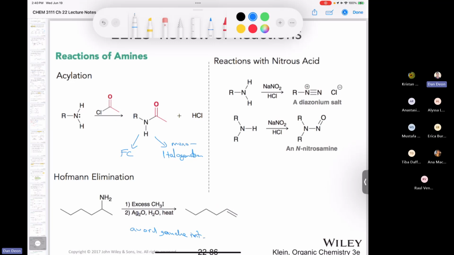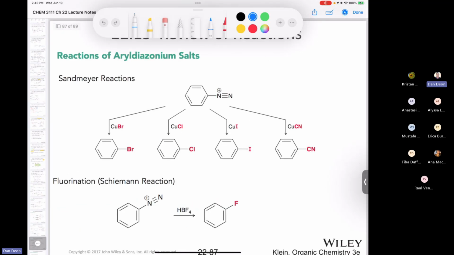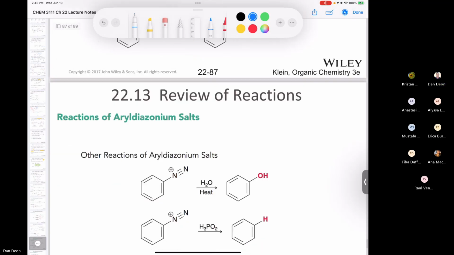Then we took a look at reactions with nitrous acid, which is generated in situ with sodium nitrite and HCl, and forms the nitrosonium ion. If you use a secondary amine, you get an N-nitrosamine, which is carcinogenic. If you use an aniline derivative, you can get an aryl diazonium salt. With those, you can do the Sandmeyer reactions, or the Schiemann reaction to put a fluorine in.